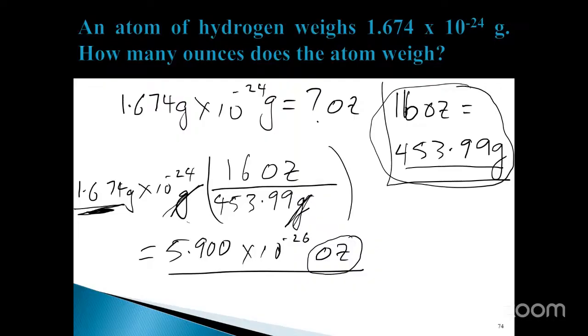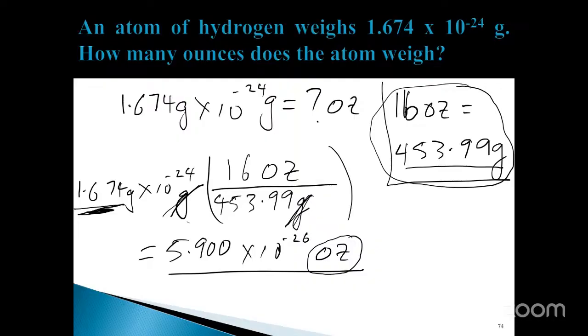Okay, so let me do it the way that you described. You're multiplying the 1.674 times 10 to the minus 24 by the 16. Yep. Okay, let me do that first. 1.674 times 10 to the minus 24 times 16, and I got 2.6784 times 10 to the minus 23.